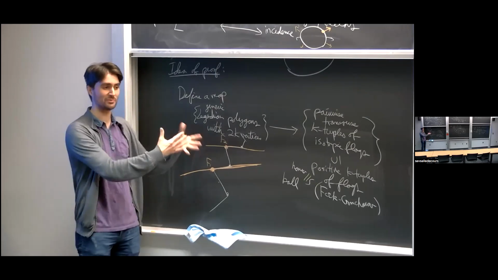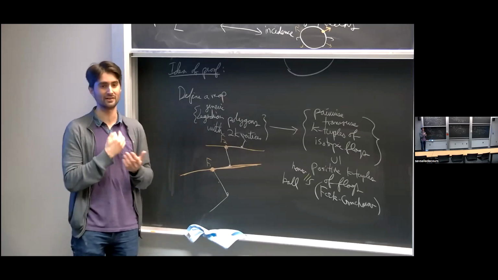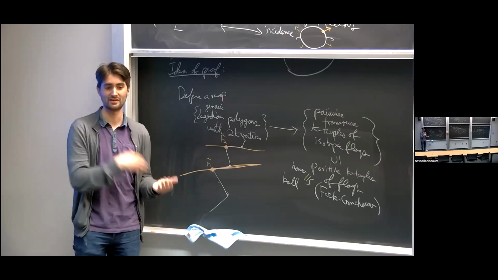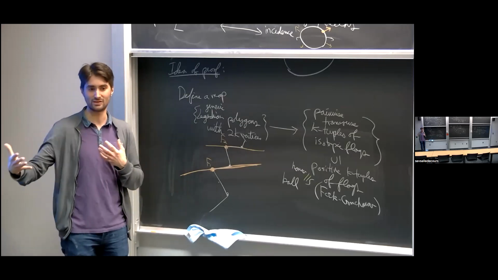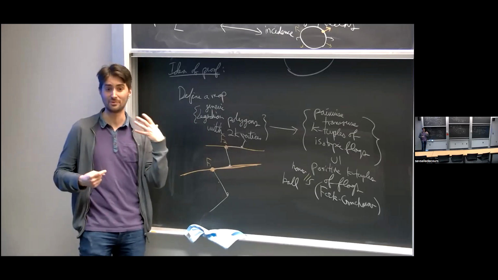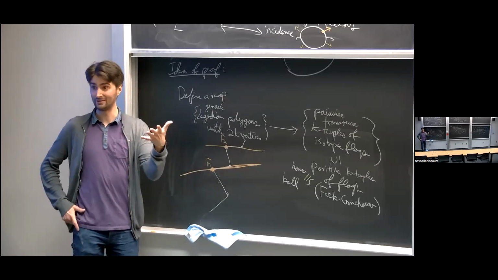When you know Teichmüller theory, the geometry of hyperbolic surfaces, you look at representations of surface groups in SL3R, there's an analog there, and it has very strong geometric ties to the geometry of convex polygons in the projective plane.